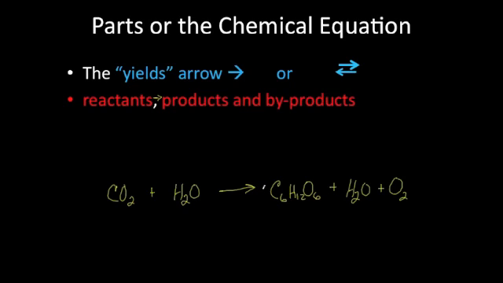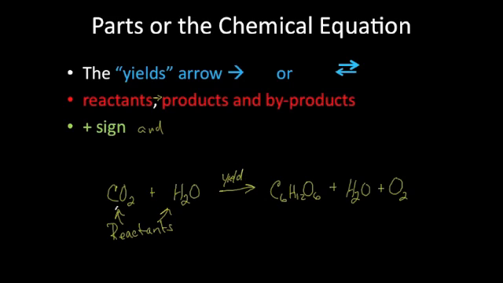Alright, so you'll see the plus sign, okay? The plus sign simply can be read as and. Okay, so on the back side of the arrow, you have the reactants, which means these two chemicals are reacting with one another, and what is yielded, if that's even a word, or what is produced.